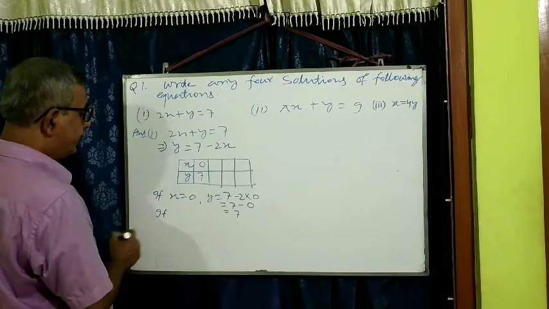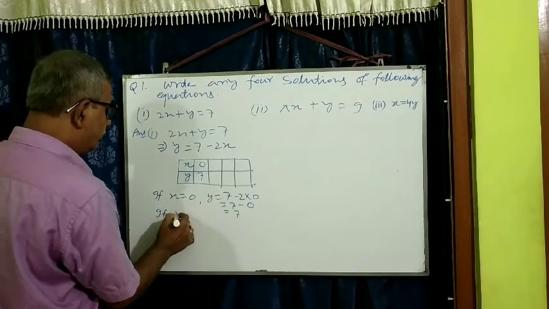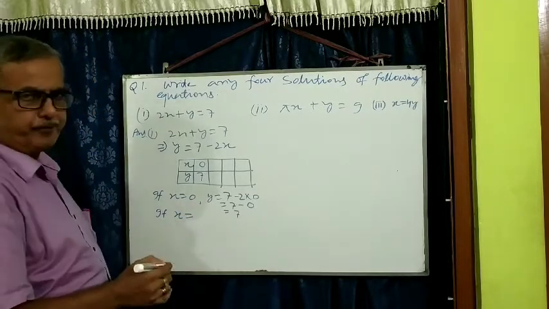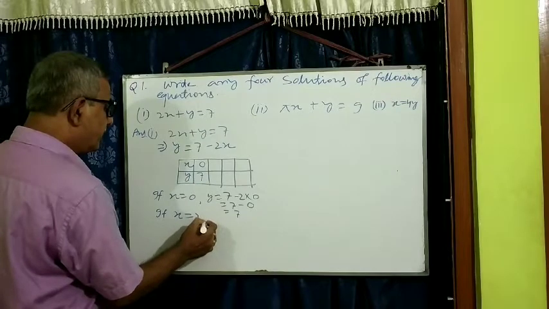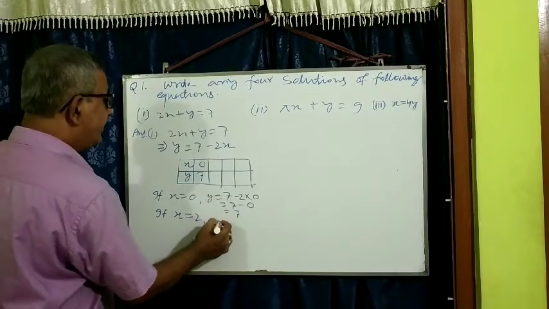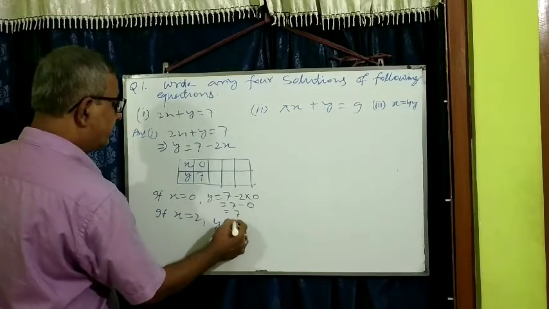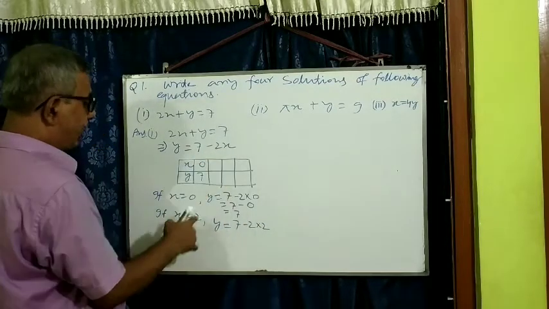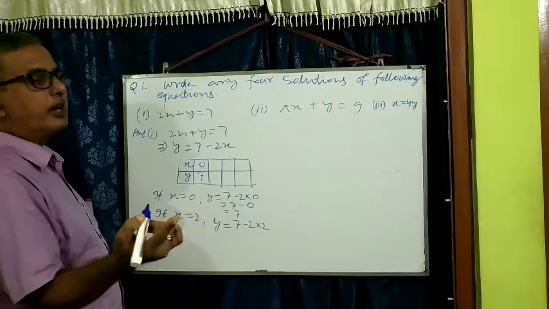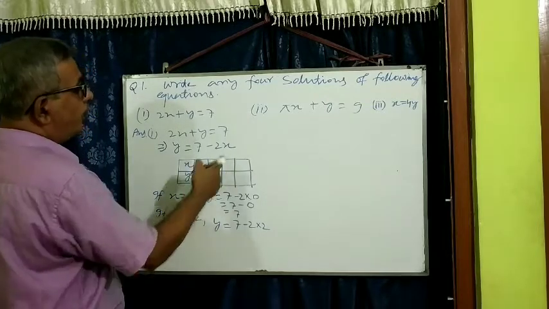If x is equal to, you tell what you want to take. Suppose you want to take 2. You take better. y is equal to, what will happen? Do you understand? 7 minus 2 into 2. For x I have taken 2. Some of the students may take x is equal to 3. Okay, you take here.